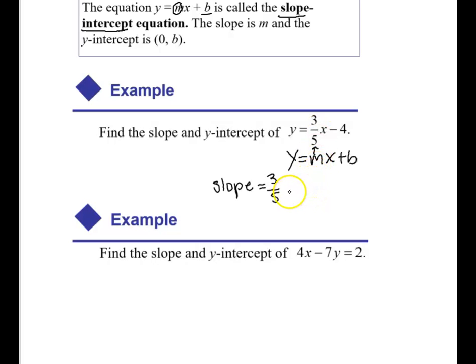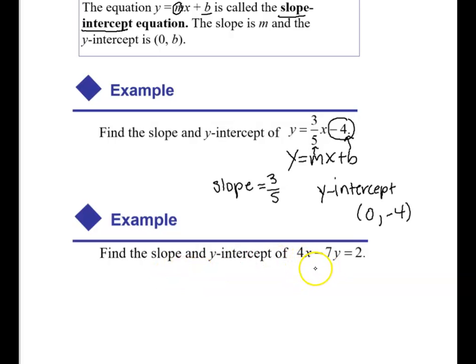In this case, it's 3/5, so we would go up 3 and over 5, and our y-intercept would be -4, this whole thing. And remember that you want to always put (0, -4), because that's the coordinate, the place where you would plot your point.